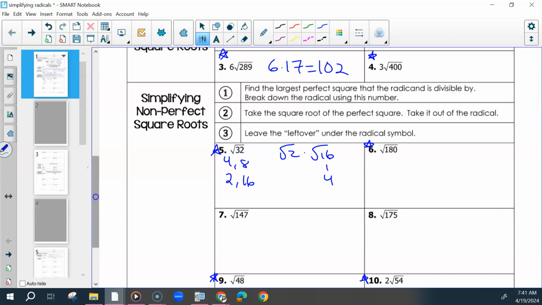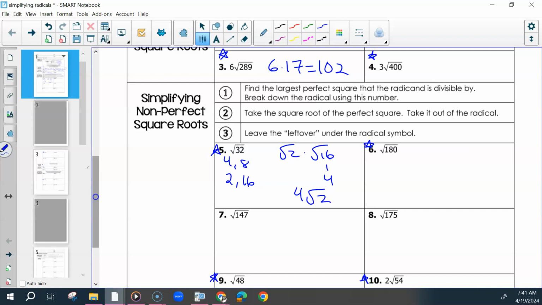So what happens is this 4 stays outside of the radical, and the 2 stays inside the radical. So if I put in the calculator 4 times the square root of 2, I should get the same decimal as the square root of 32. Questions on that method? So you can do that for all of these.